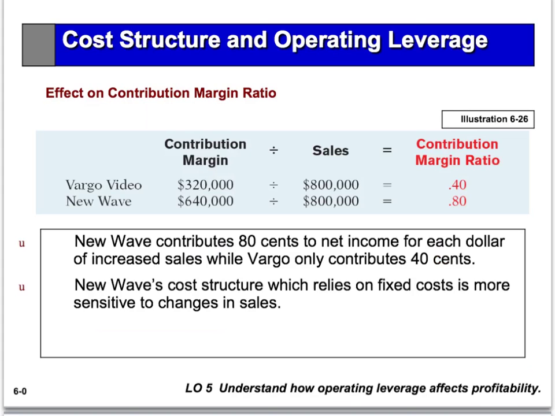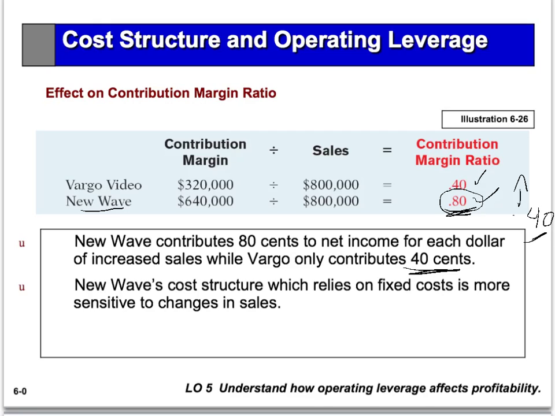What does that mean? Contribution margin ratio 0.4 and 0.8. What it means is that New Wave contributes 80 cents of net income for each dollar of increased sales. So when I increase my sales by $1, profit will go up by 80 cents. Vargo, it would only go up by 40 cents.